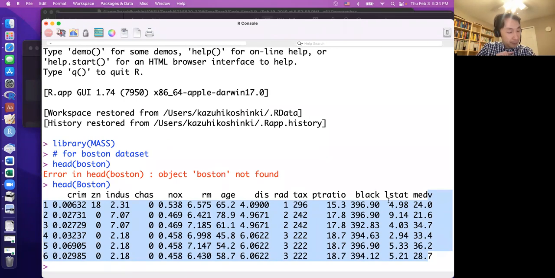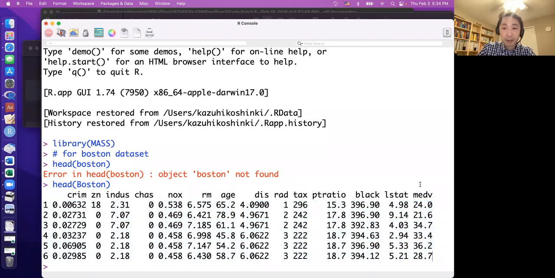So the sample unit is one town, and this is the median value of the house, in thousands. This is from 1970 or maybe the late 1960s, so the houses are really cheap. Even in the Boston suburb, the median value is $24,000. So now maybe it's more than $240,000.